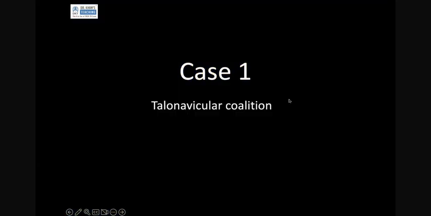So this is talonavicular coalition. Now, a few points to remember. Coalitions in the foot are an extremely important exam scenario, and there can be many types, but the most important are, 90% of them are either talonavicular or talocalcaneal. 45% each.